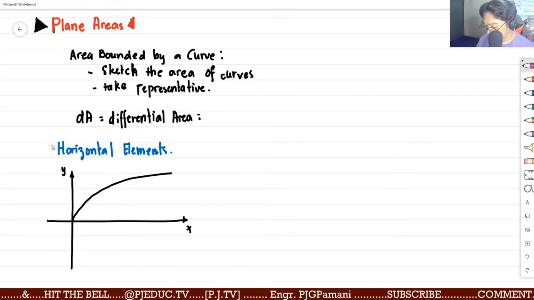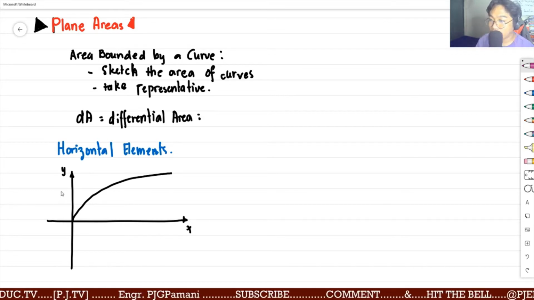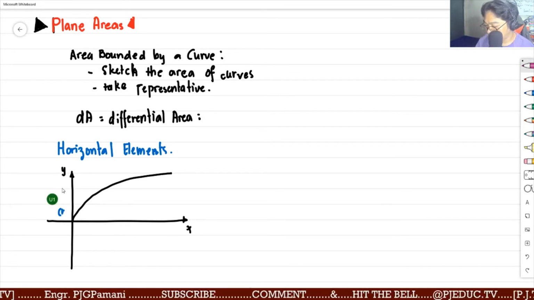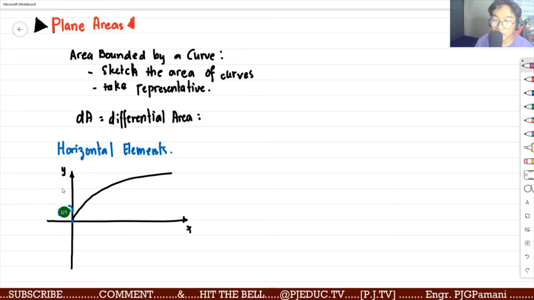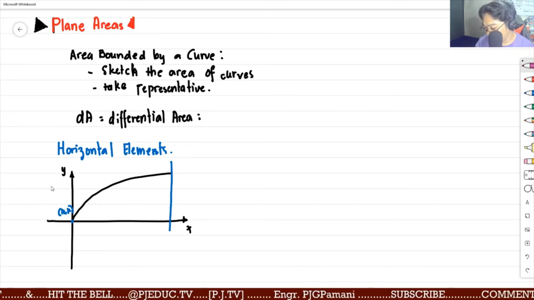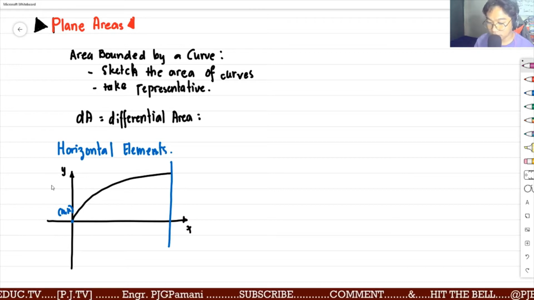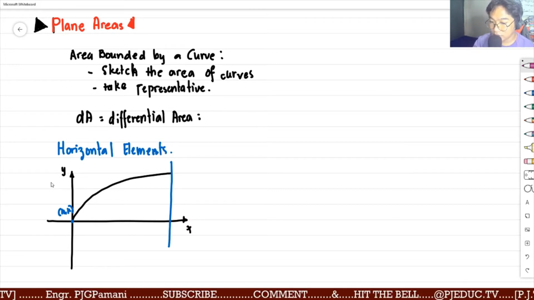Remember your latus rectum, your vertex, your maximum and minimum value, your h and k, and so forth. Halimbawa, ang vertex natin is at point 0 at the origin.